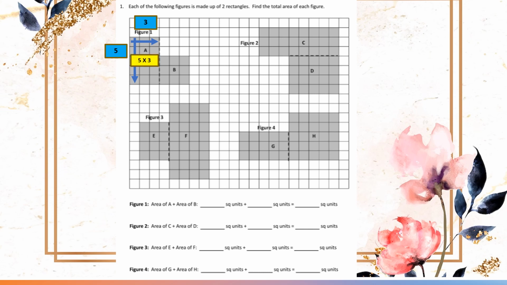What's 5 times 3? If you said 15, you're absolutely correct. On the very first line for figure 1, you're going to write 15 because that's the area of A.